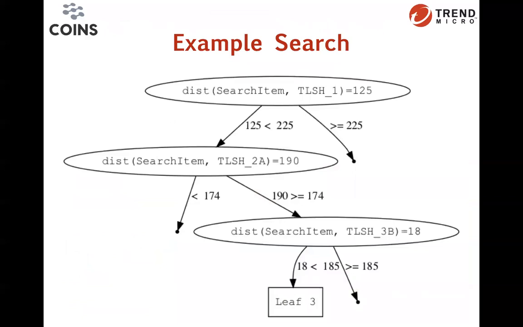We can continue the search and we can continue applying and identifying bounds. So at this point, we've got to a leaf in the tree. We should search through the items in leaf 3. And now we can continue our search. We might want to look at other nodes. Because of our bounds, we can backtrack and identify other suitable areas, and we can prove which areas we should not look in.